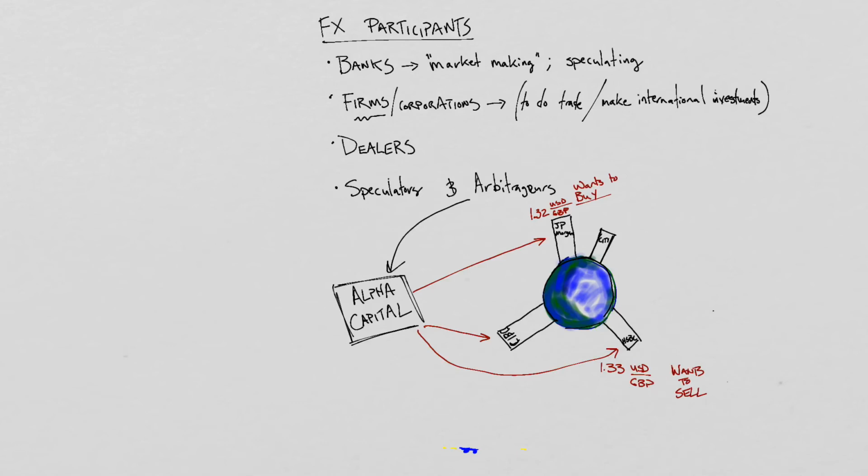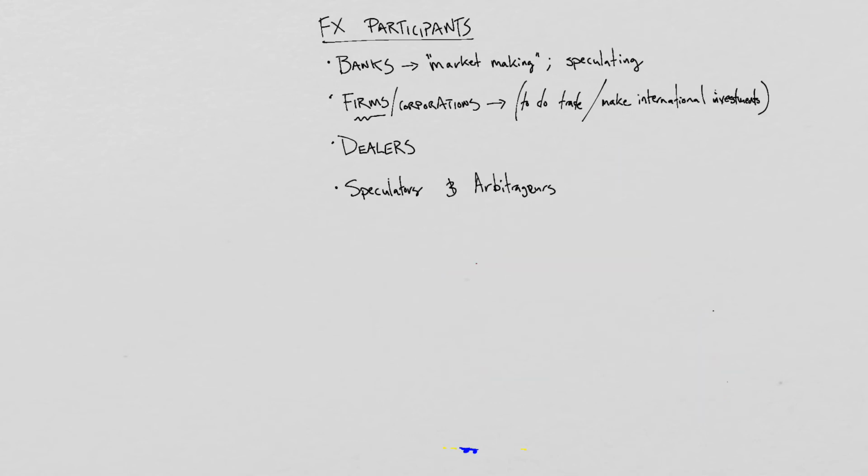What they'll do very quickly is purchase from HSBC and then go over and sell to JP Morgan pretty much instantaneously and earn basically a penny profit on each currency that they sell. Small amount of profit, but relatively risk-free. Okay, two more participants. First, brokers, which are not too dissimilar from dealers and banks.